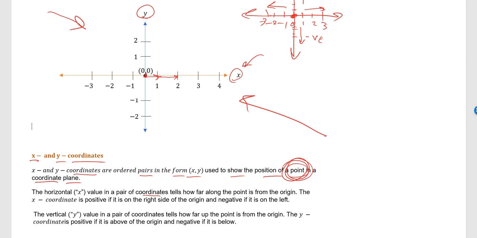So you would go up from the x-axis, from 0 on y, up to 1. And the intersection of these two coordinates is where the point would be, which is right here. So this is the point, for example, (2, 1).